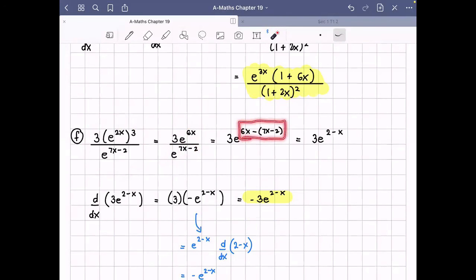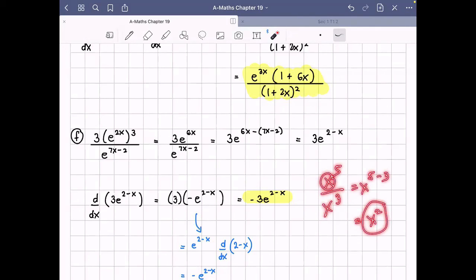If you still remember this, again, let's say you have x raised to 5 over x cubed. This is equal to x raised to 5 minus 3, right? You remember? So this is x squared. So again, if you have similar terms, you can subtract their exponents in a division. So that's what we did here.